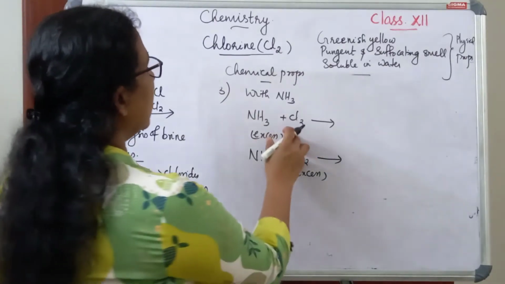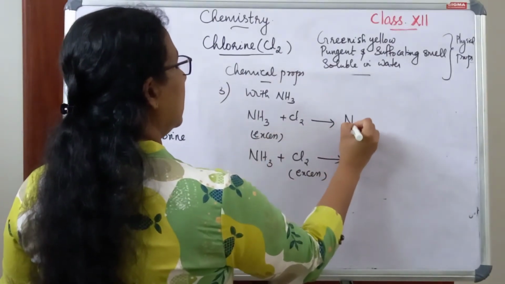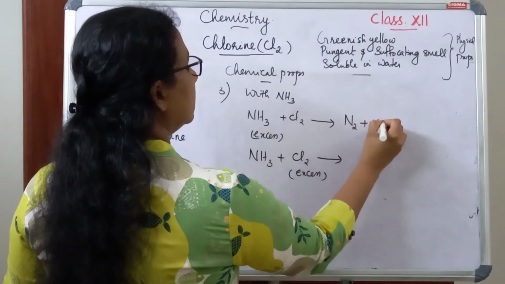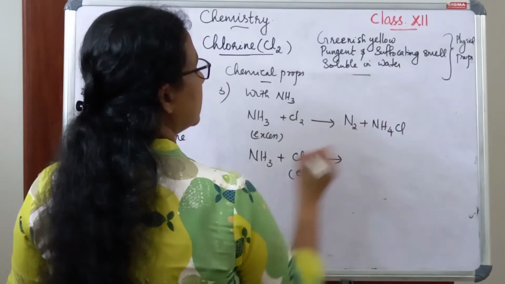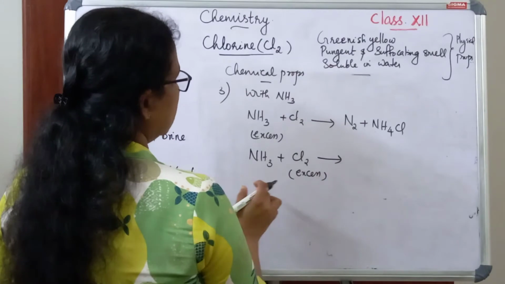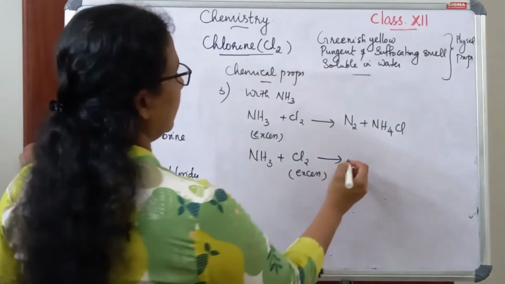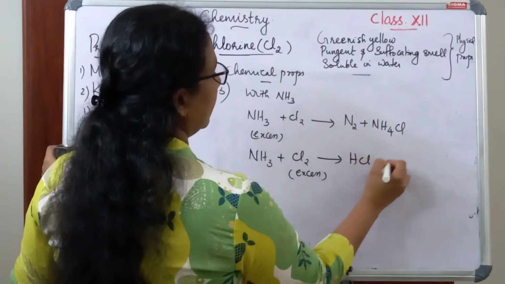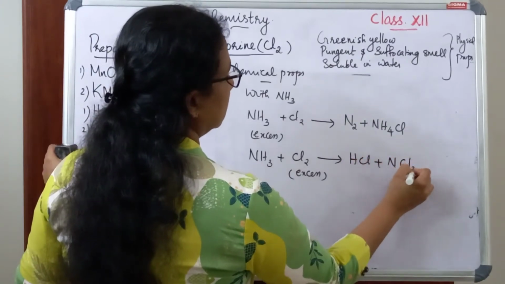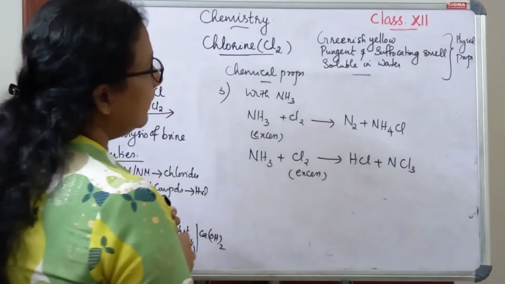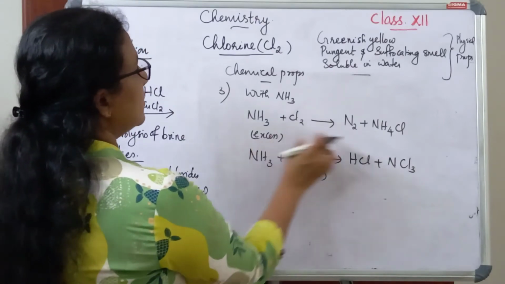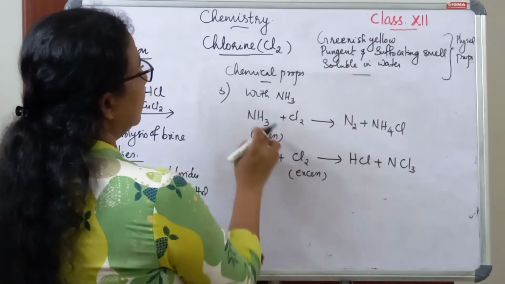In the first case, we can see N2 plus NH4Cl. So these are the products. In the second case, HCl and NCl3 will be formed. So these are the two reactions with ammonia.